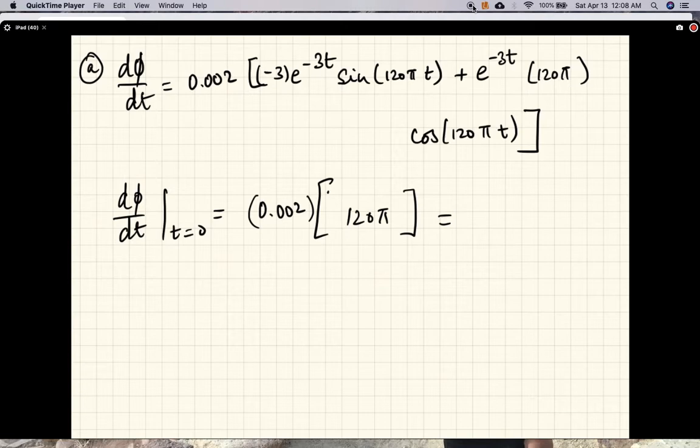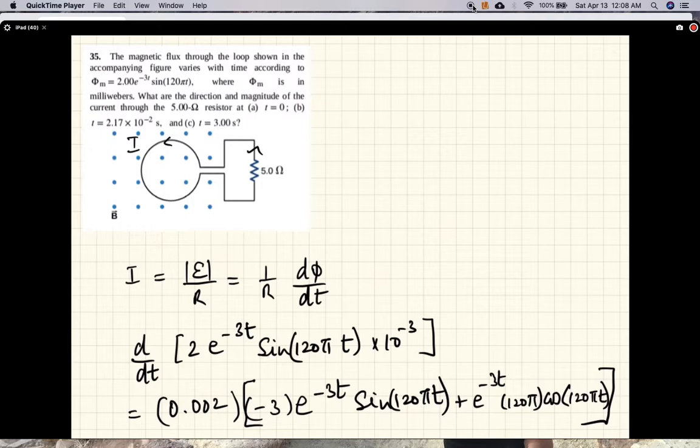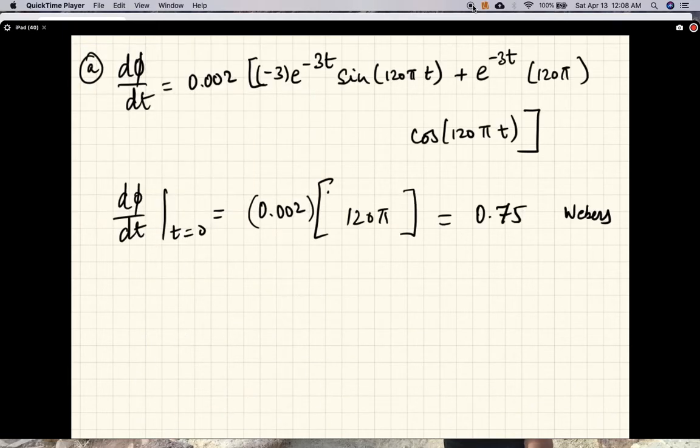So dphi by dt is equal to 0.75 Webers per second. Flux is measured in Webers and the rate in Webers per second.